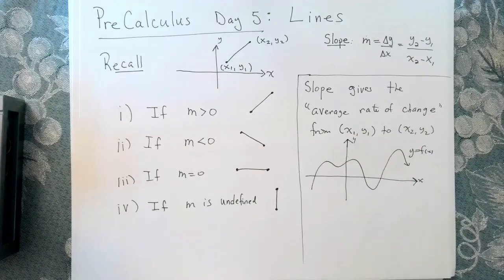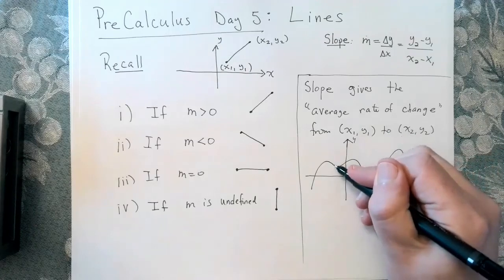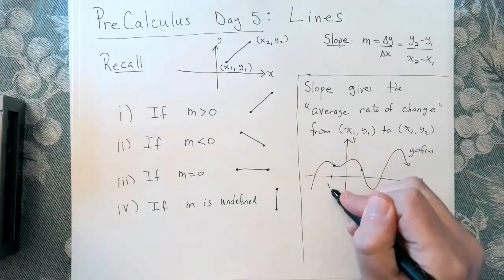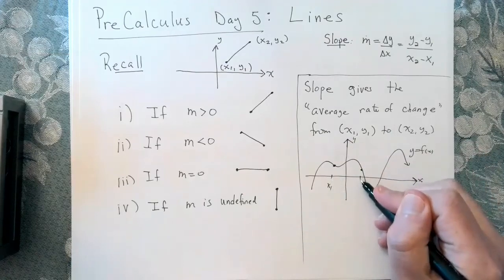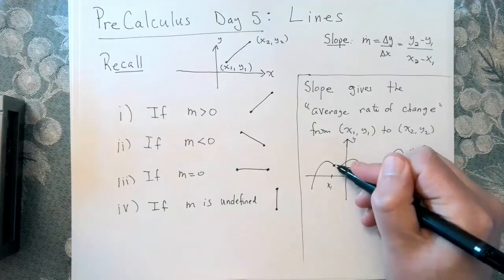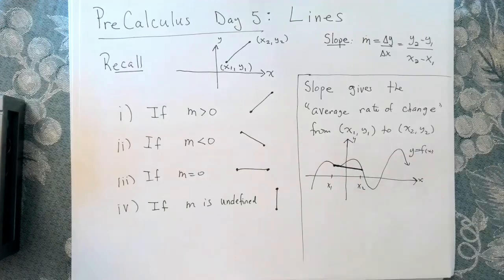If I wanted the average rate of change from one point to the next, so for example, from x1 to x2 on this interval, that's exactly what the slope of this line is telling me. It's giving me the average rate of change on that interval.